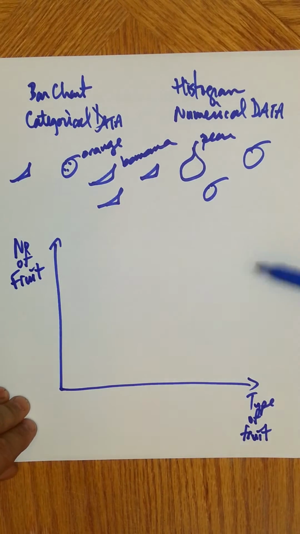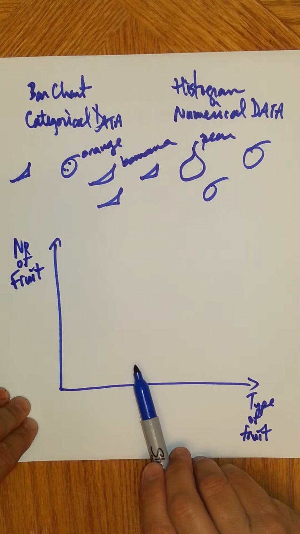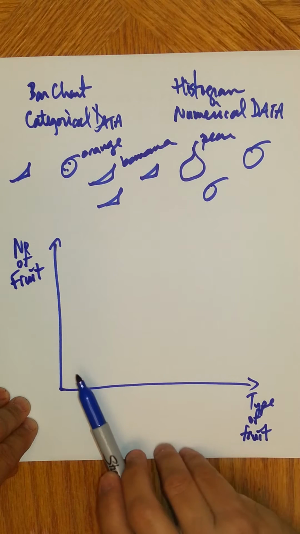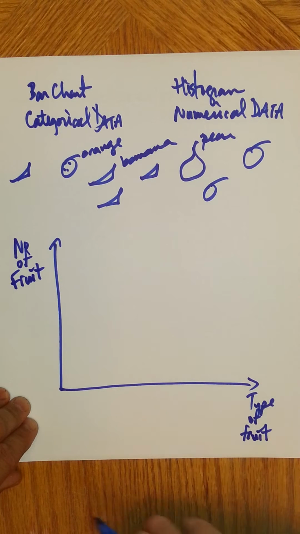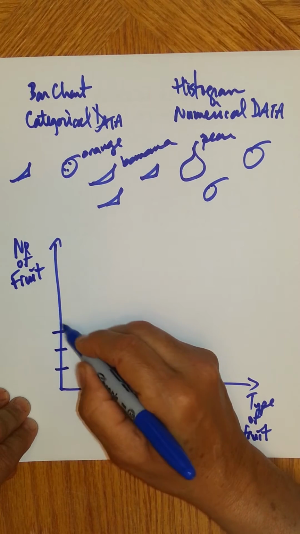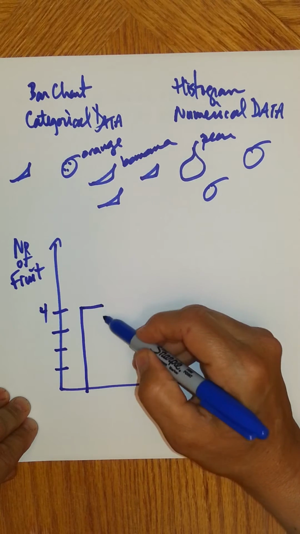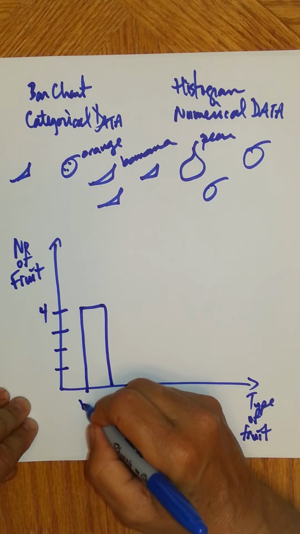Now, when you go to make your columns, one thing you would notice is that order doesn't matter. I could put bananas first and then oranges and then pears, or pears and oranges and bananas. It really doesn't matter. So we're going to go ahead and start with bananas and let the height of the pile represent how many of that fruit there are in a pile. So here we would say bananas.